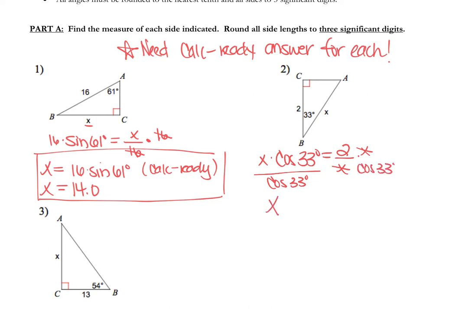So we get x is 2 over the cosine of 33. So that is my calculator ready answer. And I plug that right into my calculator and round to 3 significant digits, and we get 2.38.